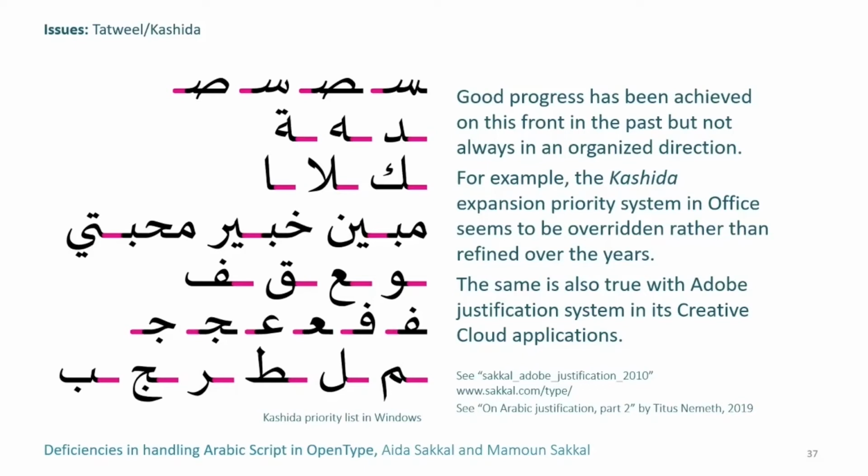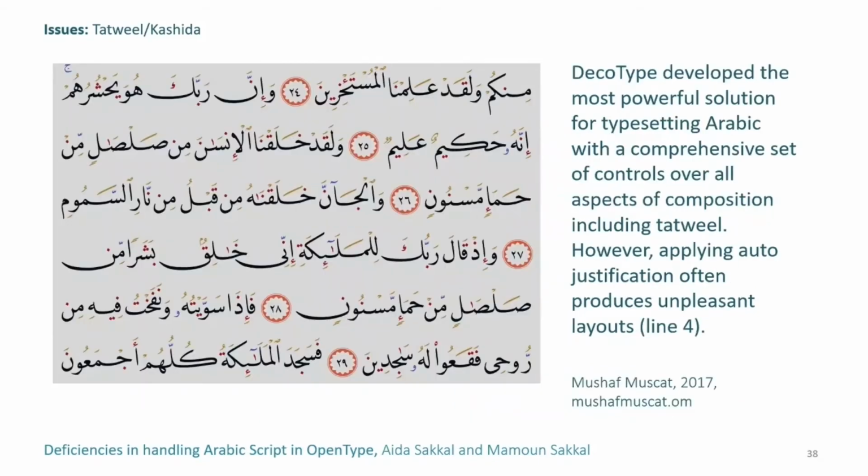The same is also true with Adobe Justification system in its Creative Cloud applications. Decotype developed the most powerful solution for typesetting Arabic with a comprehensive set of controls over all aspects of composition, including tatweel. However, applying auto-justification often produces unpleasant layouts.